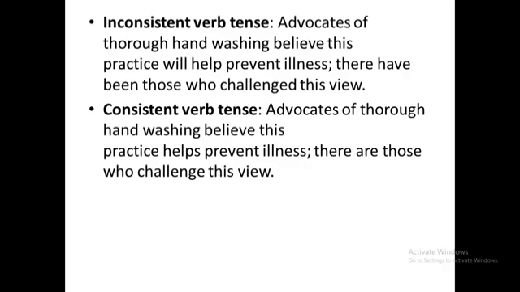There have been those who challenge this view. Second is consistent verb tense: advocates of thorough hand washing believe this practice helps prevent illness. There are those who challenge this view.